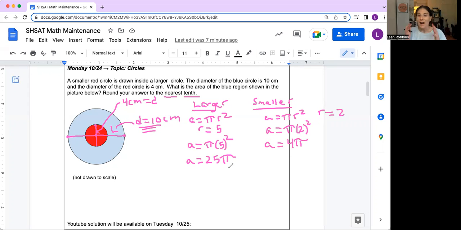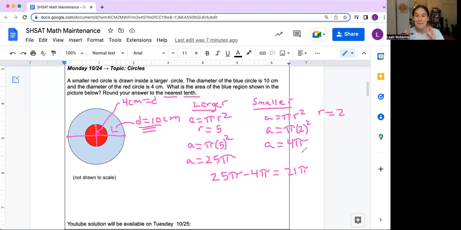Now, a lot of times they will give you a multiple choice answer, and the answer will be in terms of pi. And so if I was answering this in terms of pi, it would be much easier because I would just have 25 pi minus 4 pi, which is 21 pi.